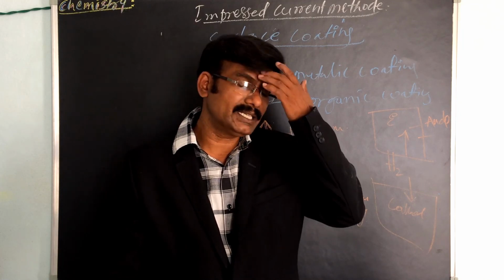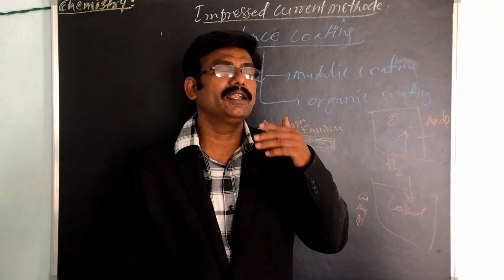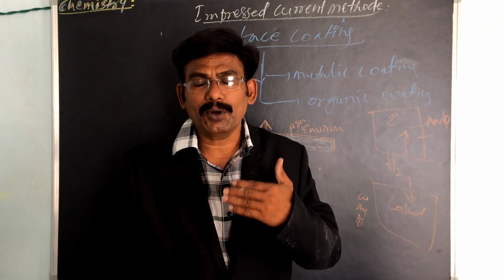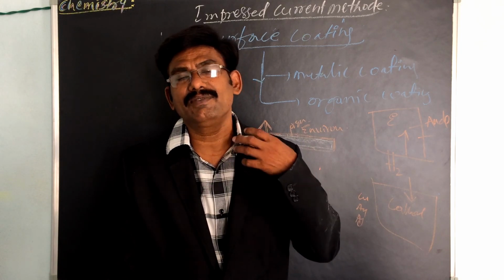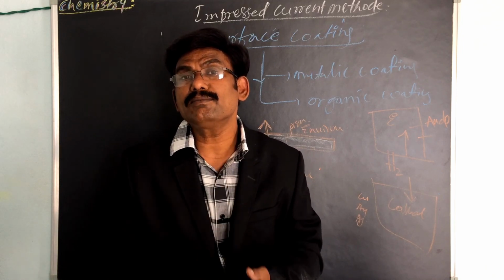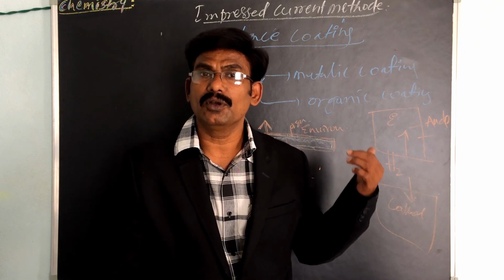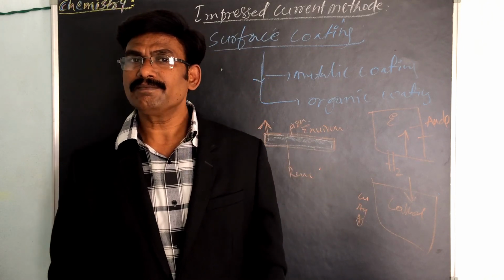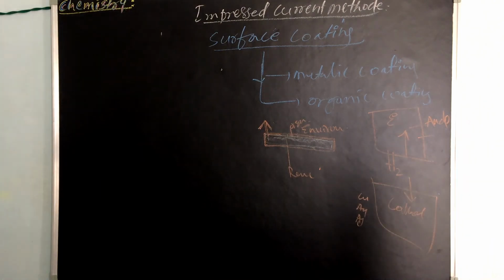The base metal should be kept in very good condition, because if we prevent corrosion, it will give strength and be useful for many years. So it is very important to prevent corrosion. We will see the applications tomorrow in class. Okay, thank you very much.